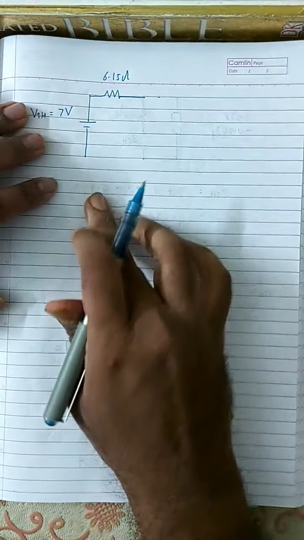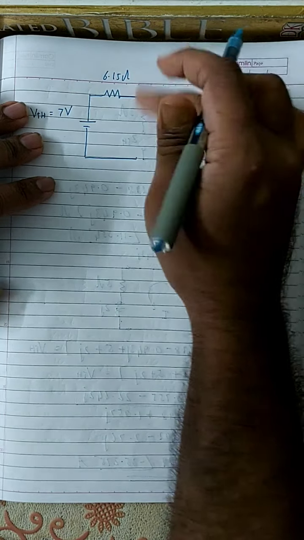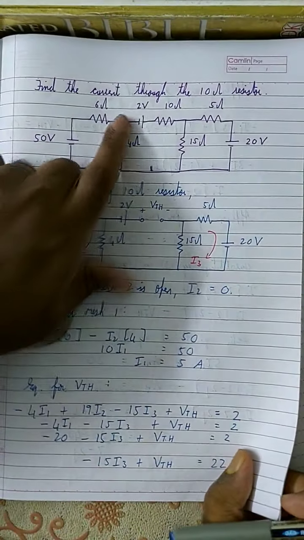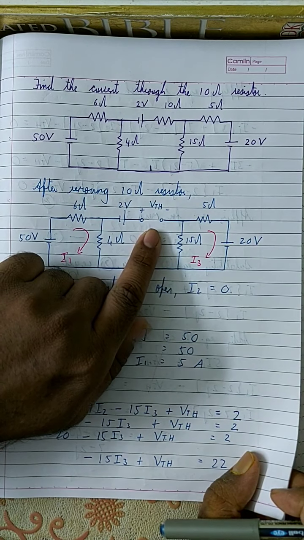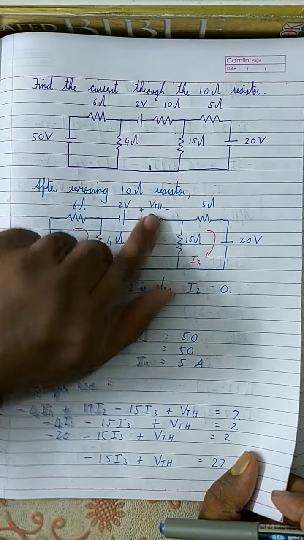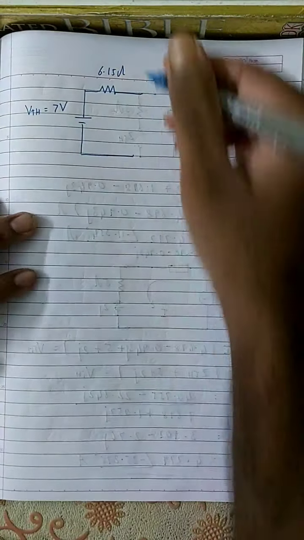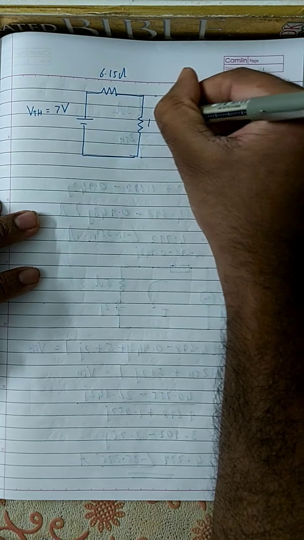Okay. So now we can keep the load back in its place. What is the load? Here the question was, find the current through the 10 ohm resistor. That 10 ohm resistor you removed at the beginning, right? So now I am going to put it back in its place. This is the 10 ohm resistor right here.